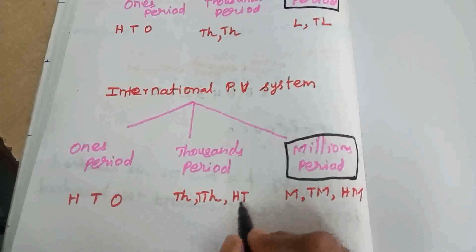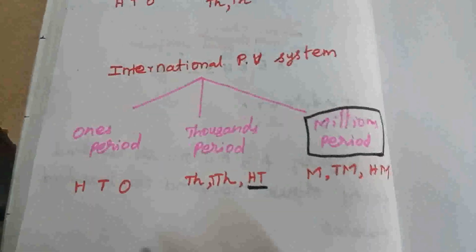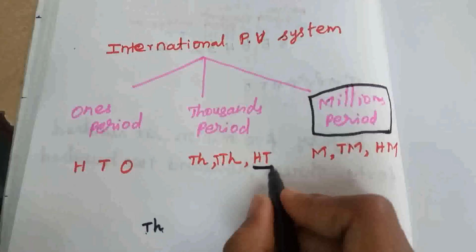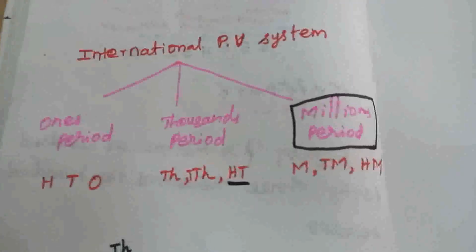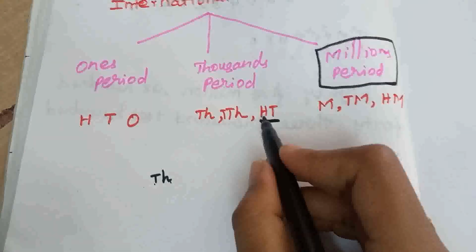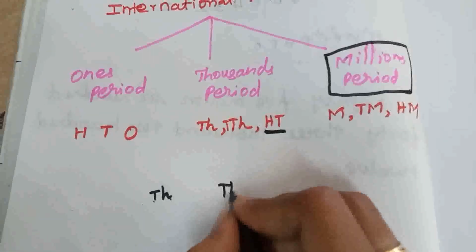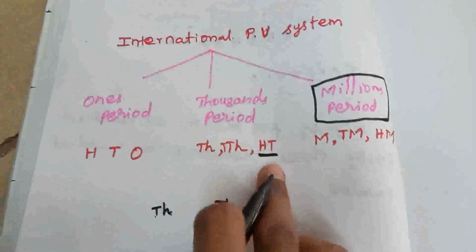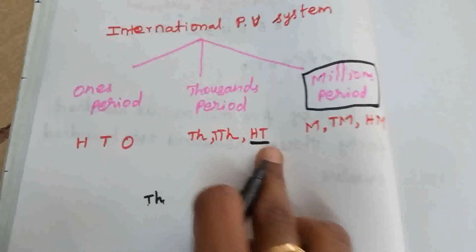That is the hundred thousands. Ma'am, you told me thousand is the small th only, but you didn't write the small h. Why? Listen, now I will explain why we have to write this. In the Indian system, thousands has the short form th. In the international system, one more place is added, that is hundred thousands.